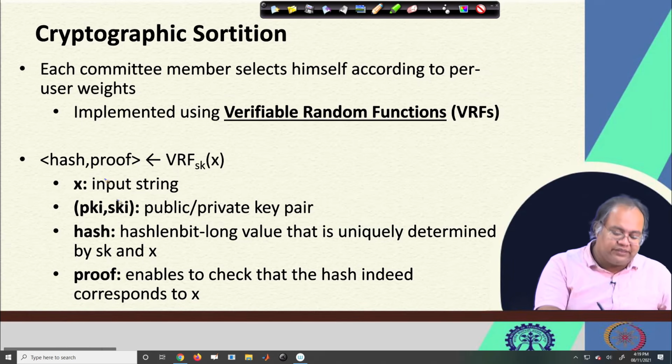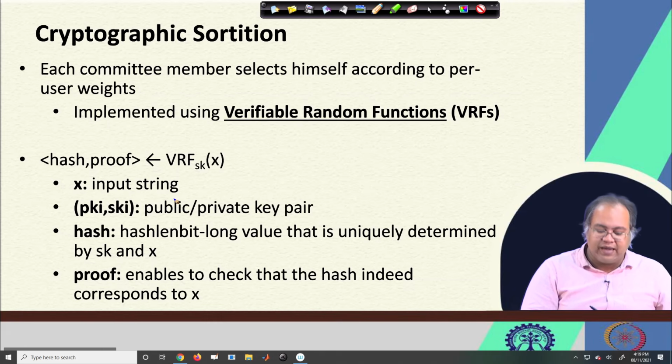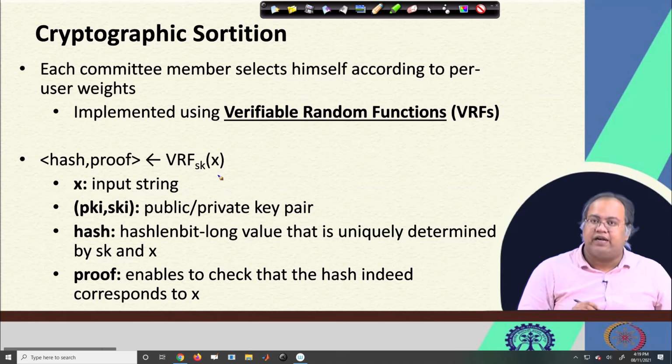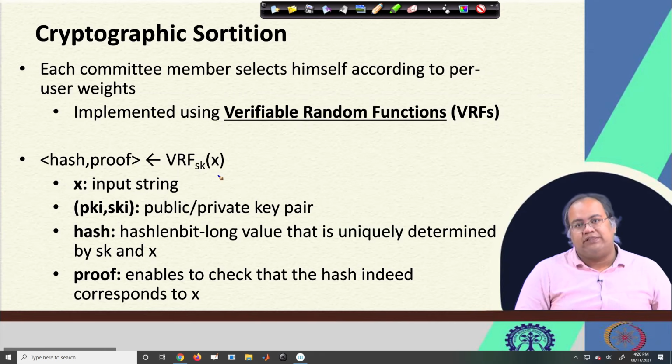So, x is my input string, and pk_i and sk_i are the public and private key pair. The private key sk is used to generate the verifiable random function, and the public key is used to verify the proof. The hash is a hash-length-bit-long value that is uniquely determined by sk and x, and the proof enables checking that the hash indeed corresponds to x.